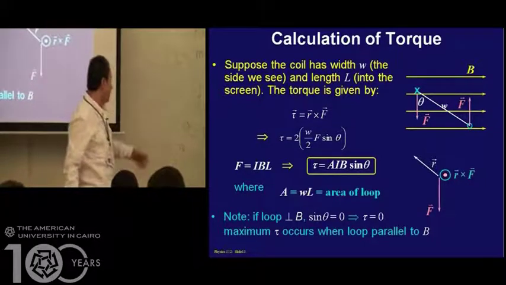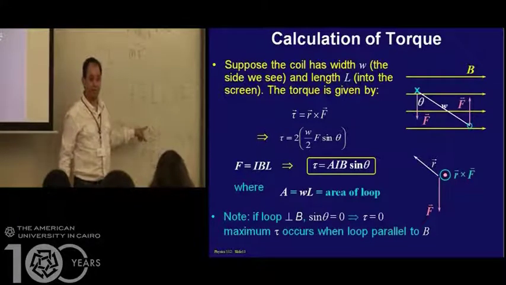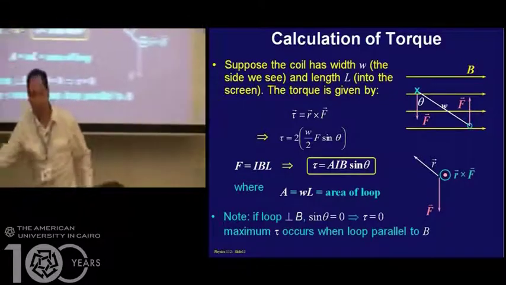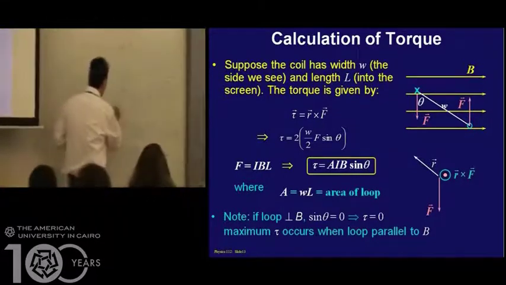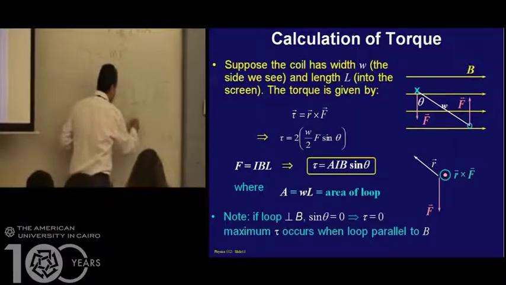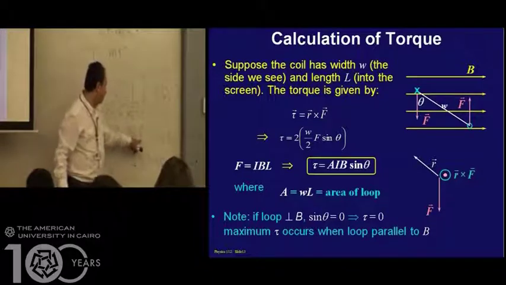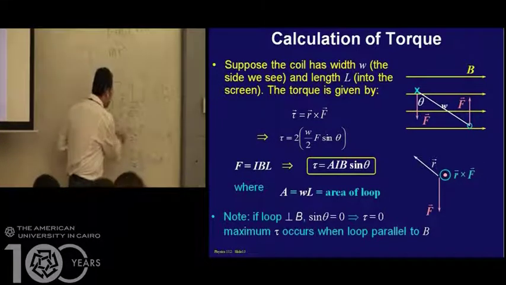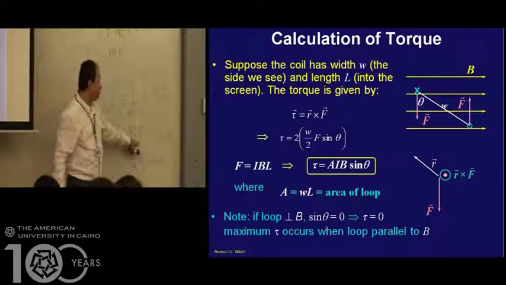Okay, so I said the torque equals R cross F. Right? In here I said torque equals R cross F. So R, that's W over 2, and the force F times sine theta, that's the cross product. And the 2, because you have two forces. Okay, what is the force?